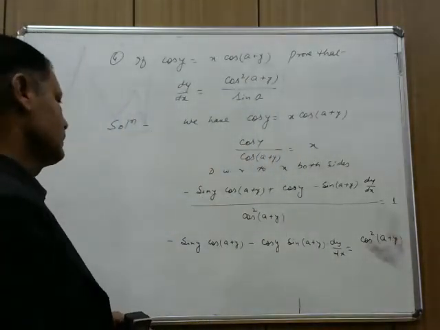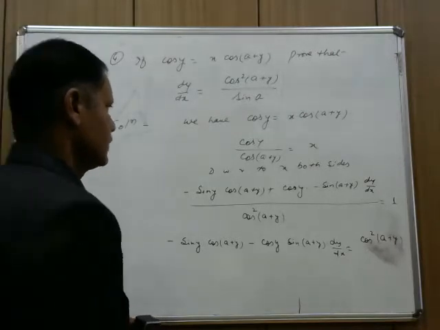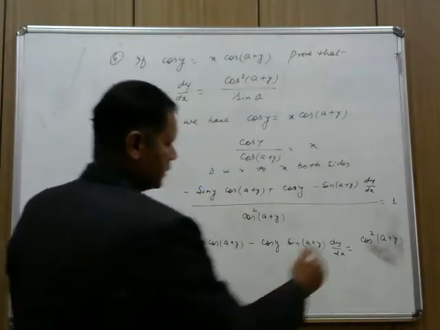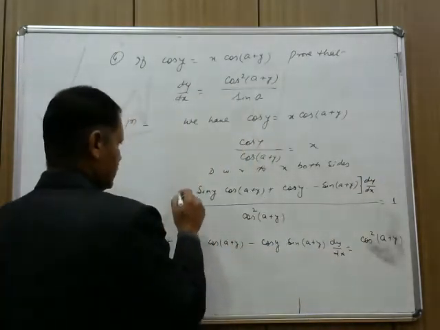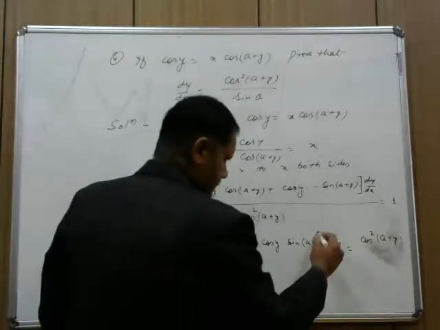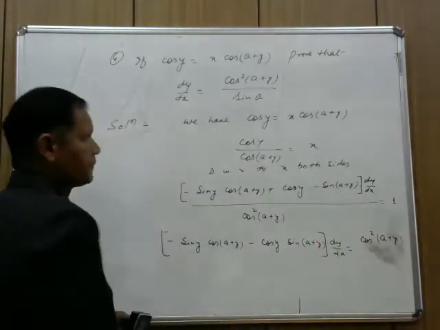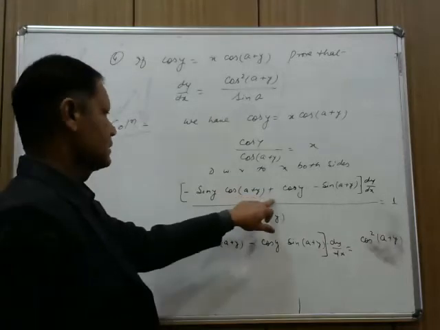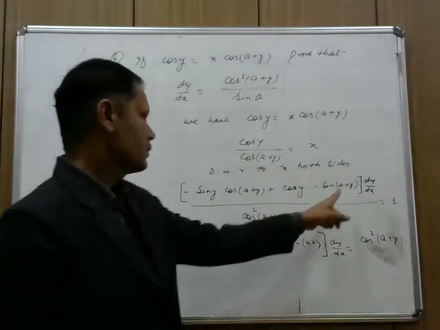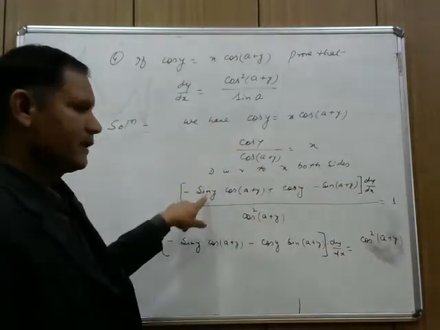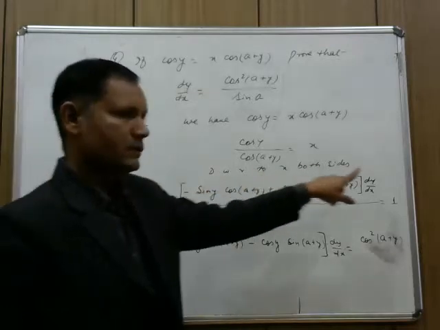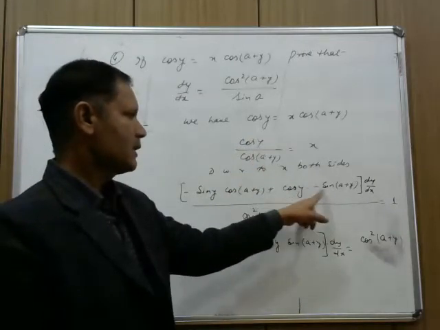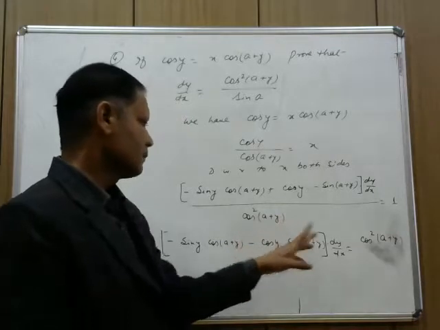Here, differentiation of cos y was minus sin y into differentiation of y, dy by dx, which I have written over here, plus cos y as it is, differentiation of cos (a plus y), minus sin (a plus y) into dy by dx. Now this is equal to cos square (a plus y).